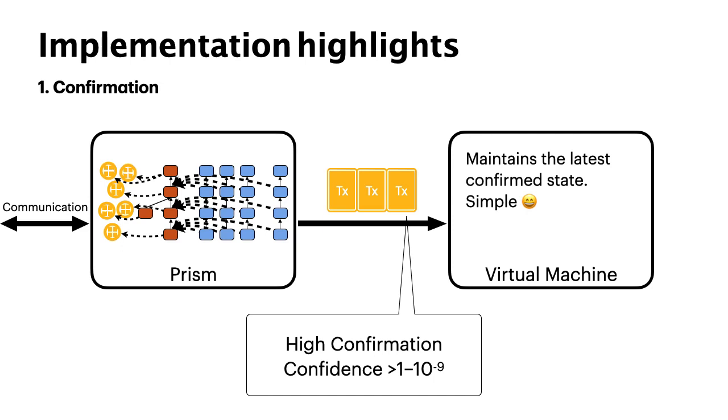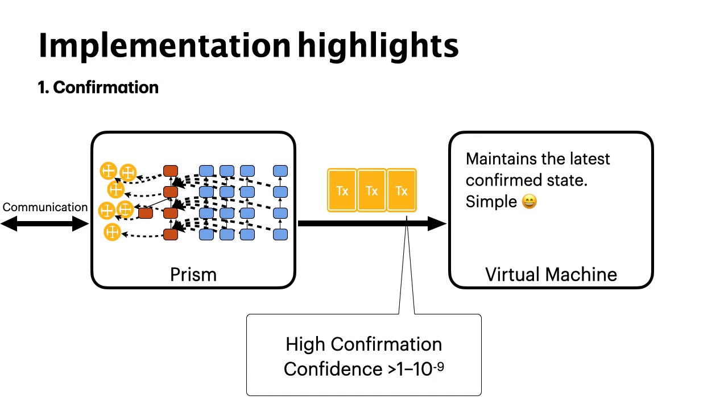Only in very rare cases does the virtual machine need to handle a state switch or state reverse, and these rare cases usually will not happen. In addition, this confirmation advantage also makes the Prism consensus protocol suitable for BFT-style virtual machines, such as MoveVM, because in BFT consensus protocols, there is no such thing as reverse.